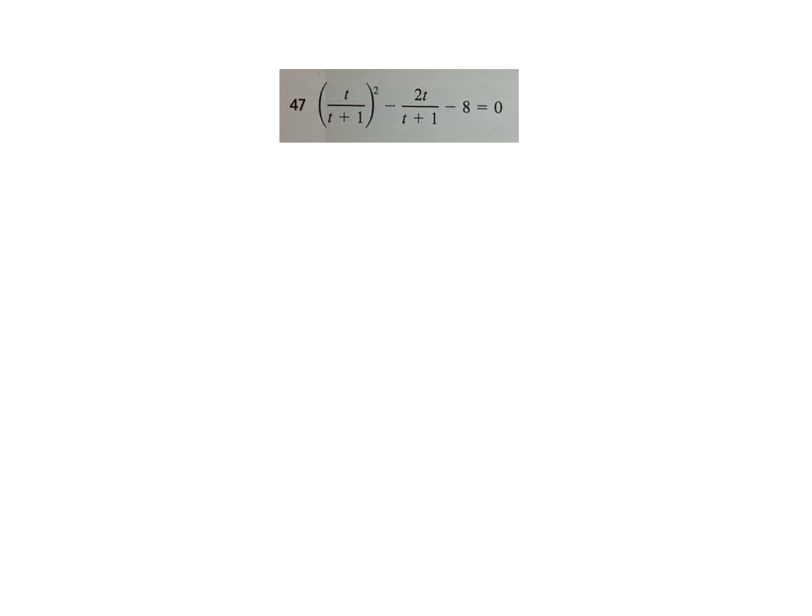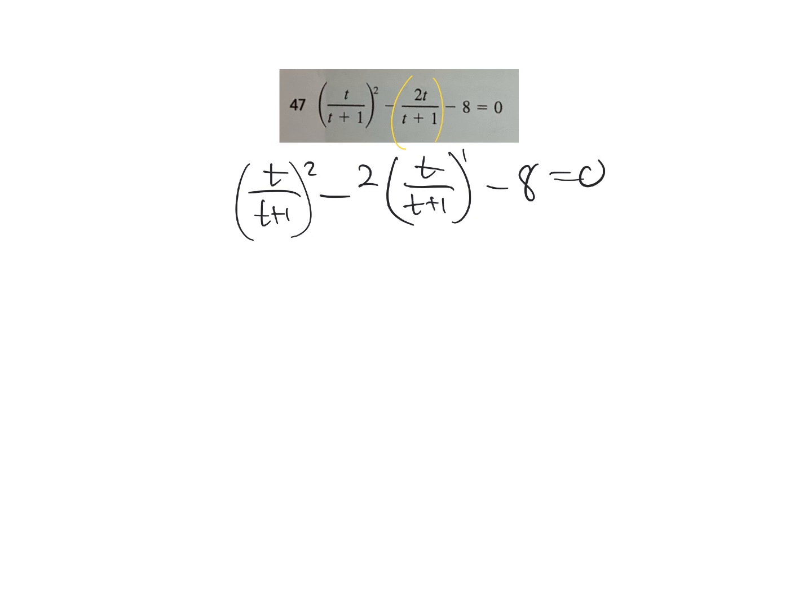If we factor a 2 out of the top part there, we can rewrite this as t over t plus 1 squared, minus 2 times t over t plus 1 to the first, minus 8 equals 0.